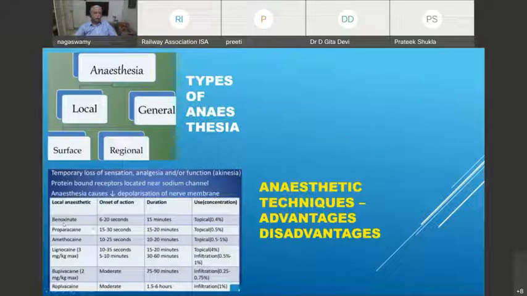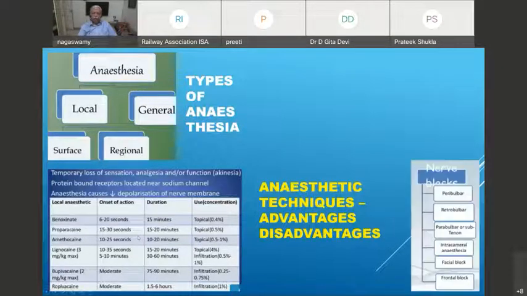See, commonly used is this proparacaine, the drug which is topically applied by the ophthalmologist. Even though we say lignocaine, bupivacaine, ropivacaine, all these things, this proparacaine is the commonly used drug in most of the centers.